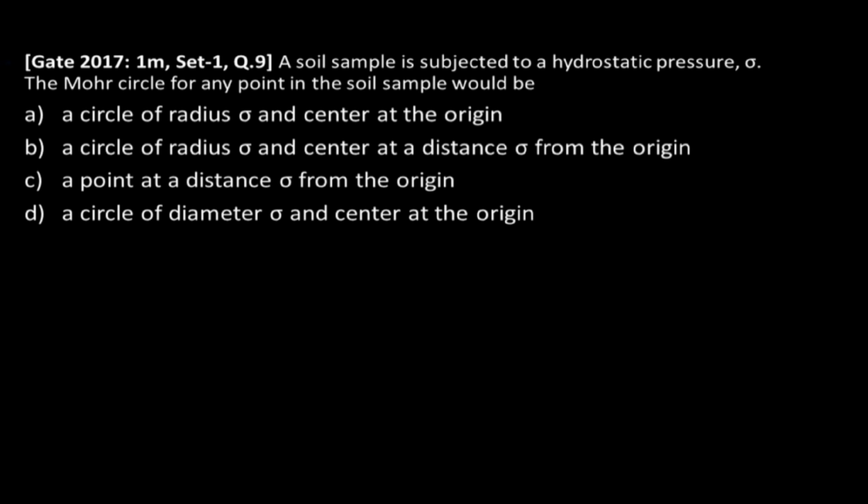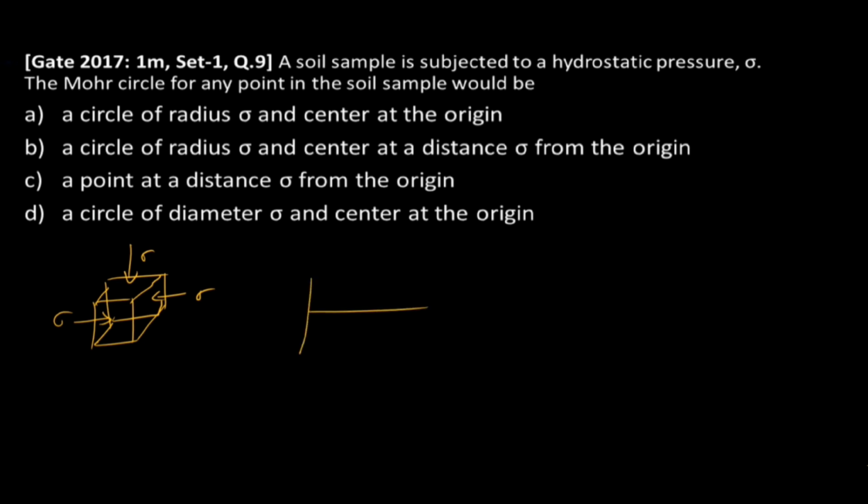In this question, they have given that a soil sample is subjected to hydrostatic pressure. The Mohr circle for any point in the soil sample would be? So hydrostatic pressure is equal in all directions, so sigma, and this one is also sigma.